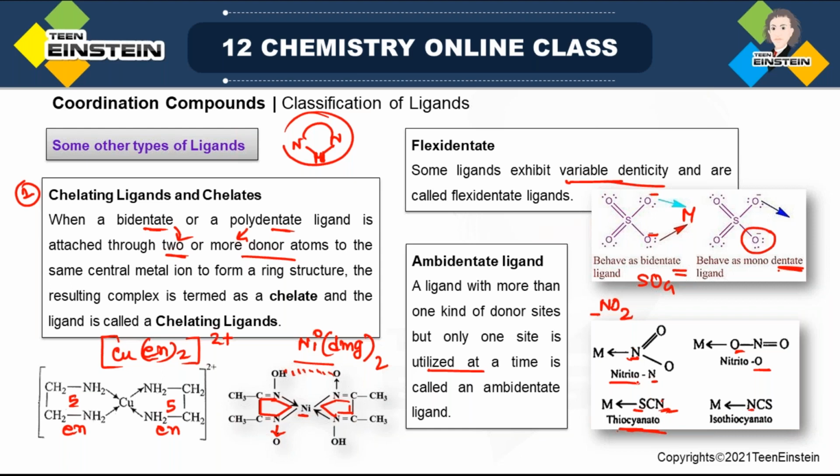So two different types of donating sites are present here, N or O. In the second case, S or N, but simultaneously it does not use both of them. Only one is used at a time, but two possibilities are there. Okay, any doubt in this slide?